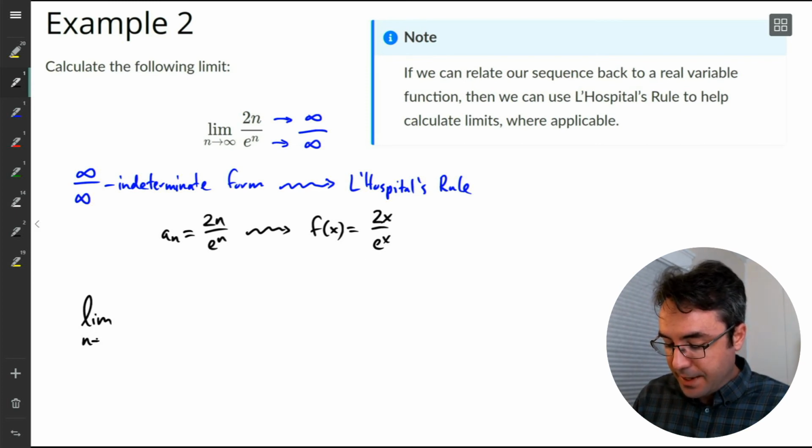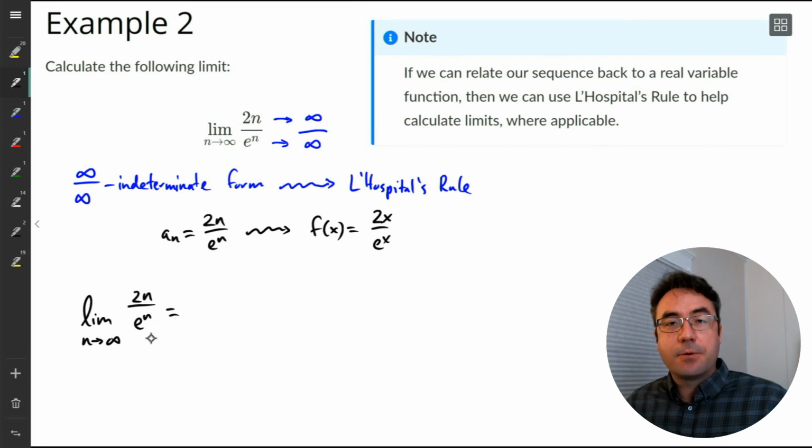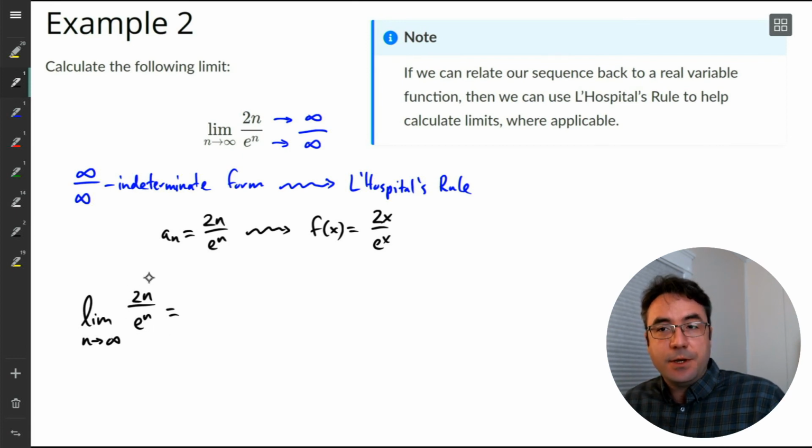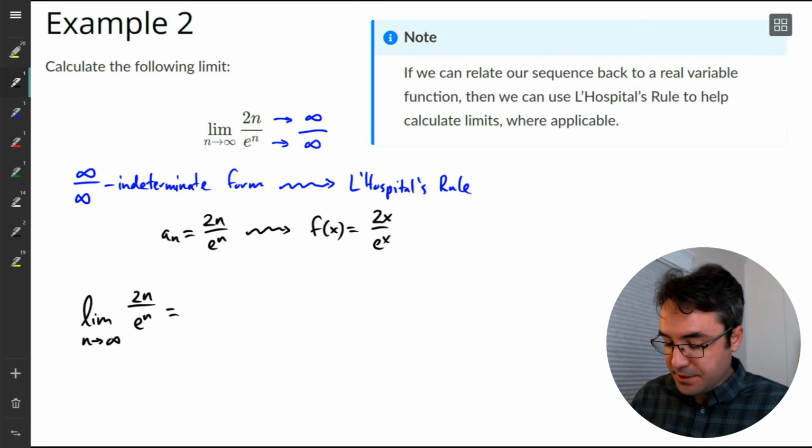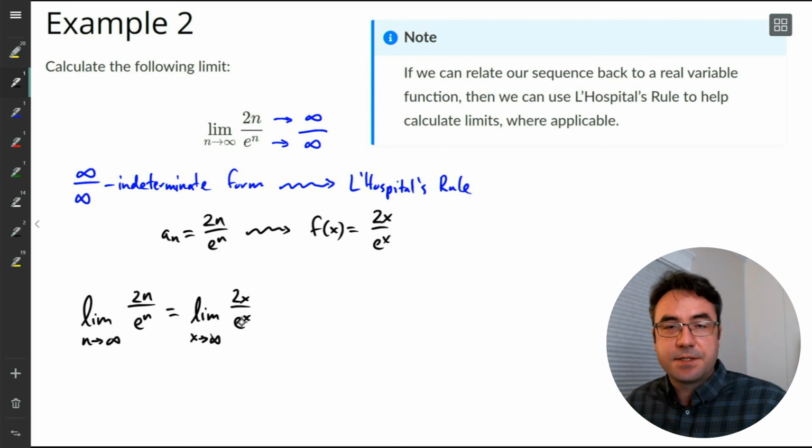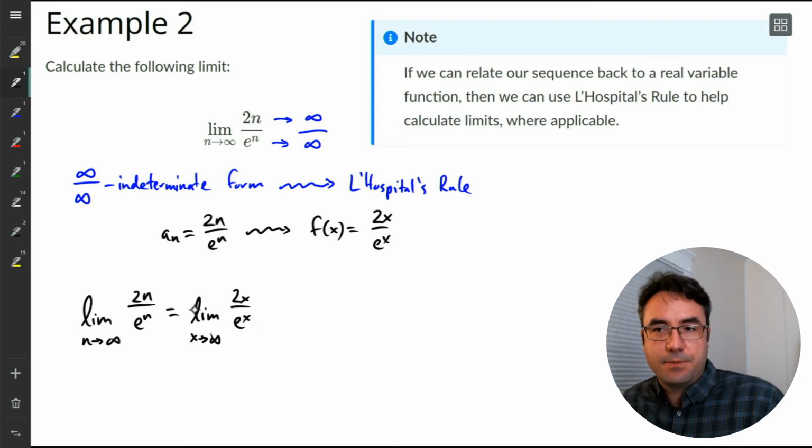We're going to do the limit as n goes to infinity of 2 times n over e to the n. By our previous results, we know the limit of our sequence is going to be equal to the limit of our function, as long as this approaches an actual number. So maybe there's a little question mark here, but we're going to see this is actually equal to a number.